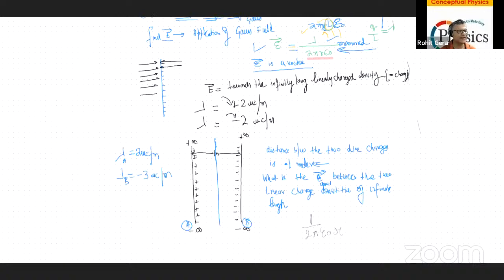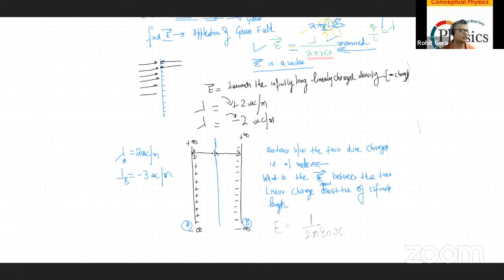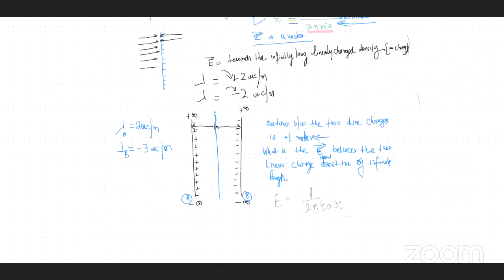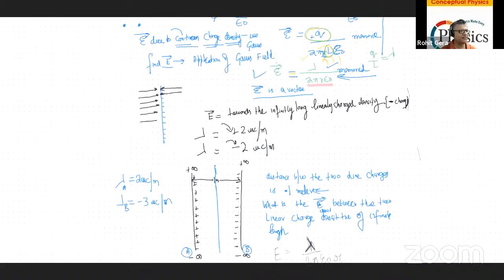For an infinite length, this is the only concept we have studied. We have not studied anything else. And the second thing we have learned is it's a vector, and we should be careful about the directions of the vector.